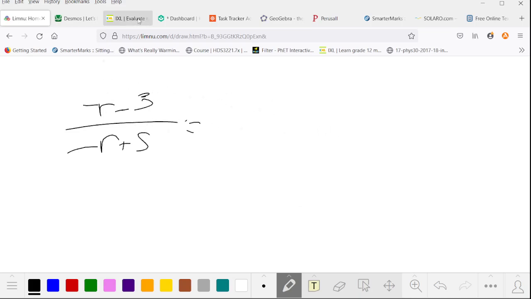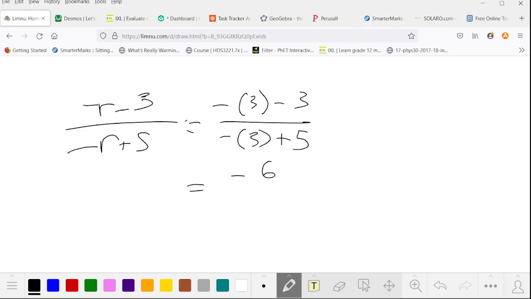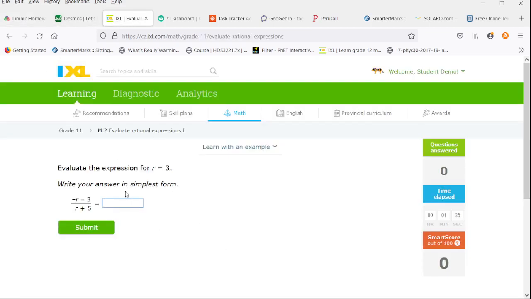We've been asked to do this when r equals 3. So we substitute in brackets, always doing it in brackets, so that positive and negative signs are preserved as they should be. Our numerator becomes a negative 6, our denominator becomes a positive 2. The entire expression is negative 3.